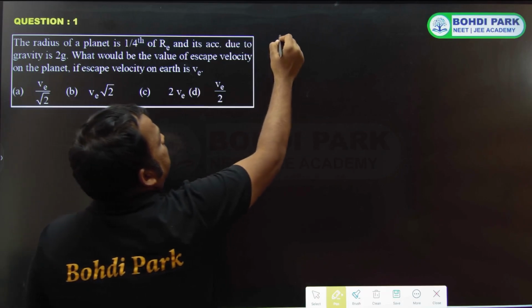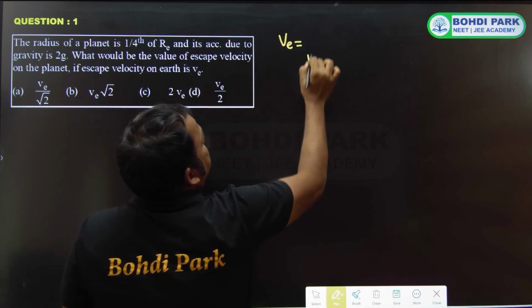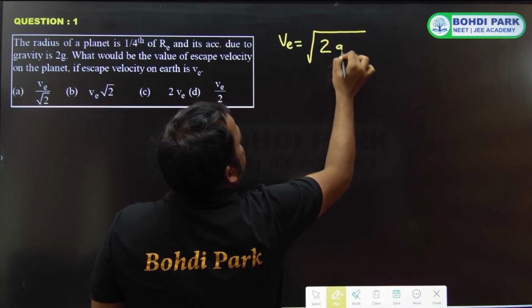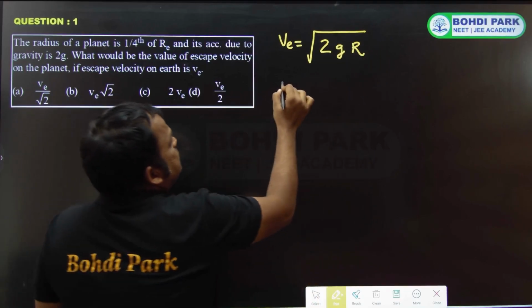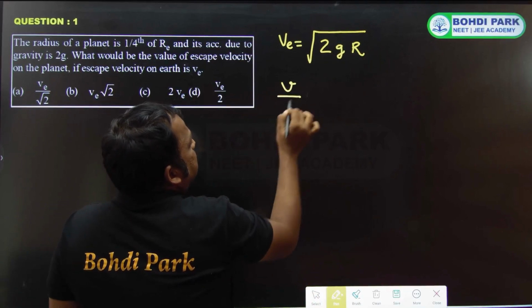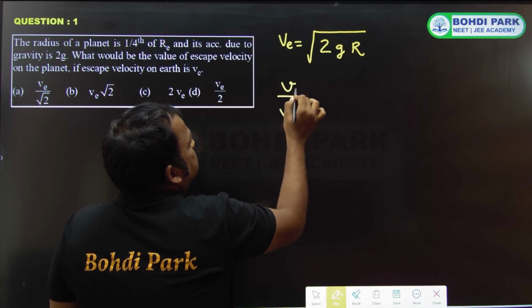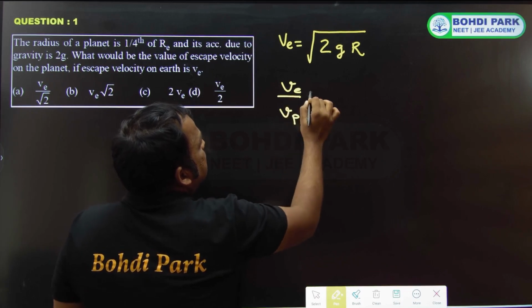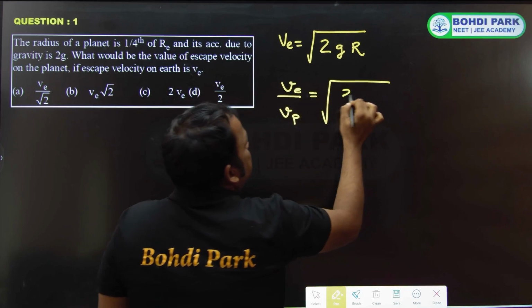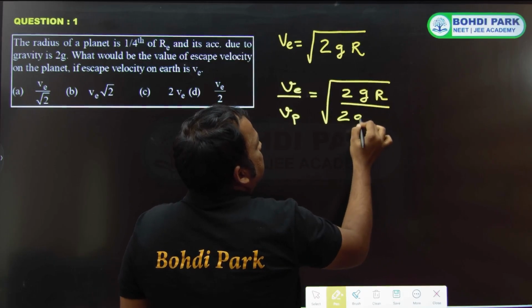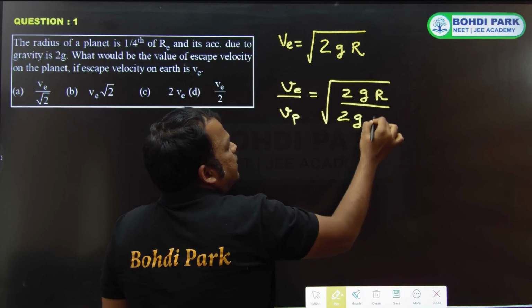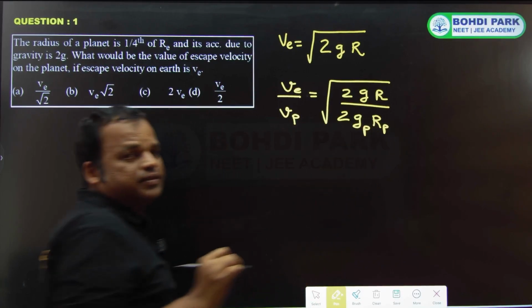So we know that the formula for escape velocity is equal to square root of 2gr. So the escape velocity on Earth by escape velocity on planet is equal to square root of 2 into gr divided by 2 into now gravity on planet and radius of planet.